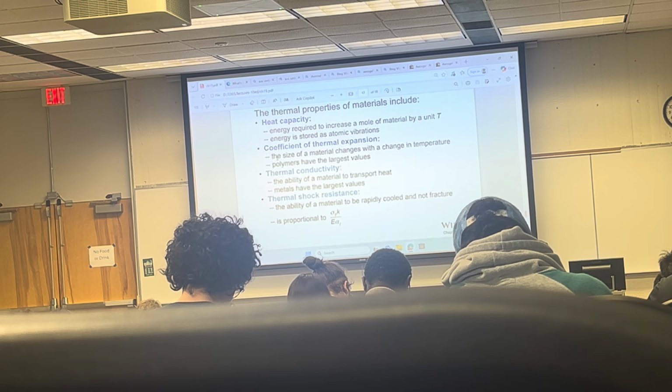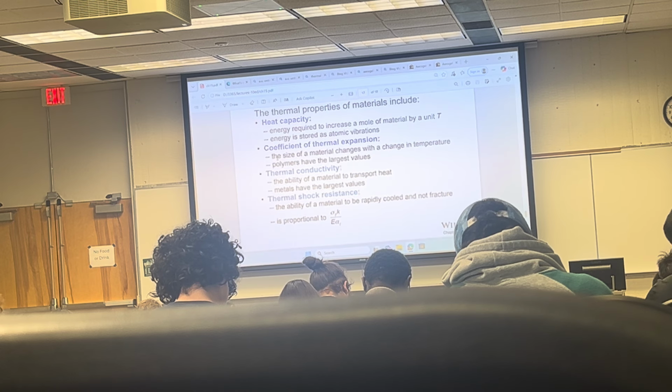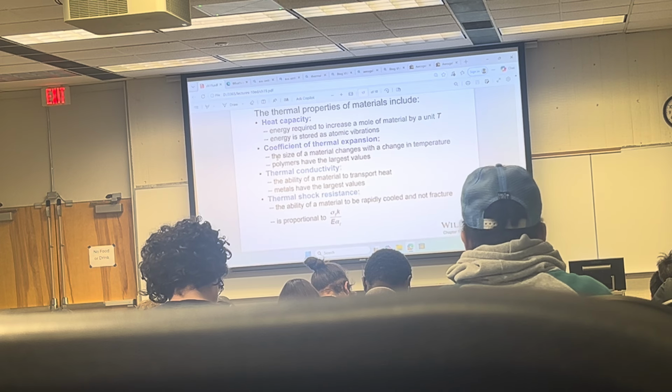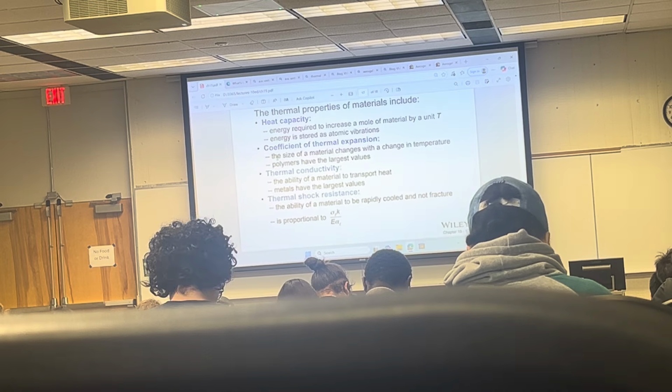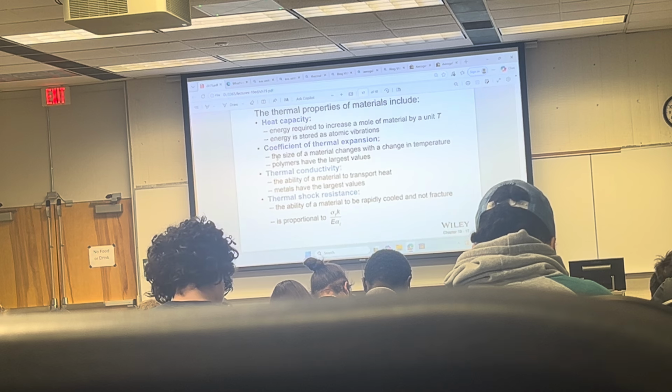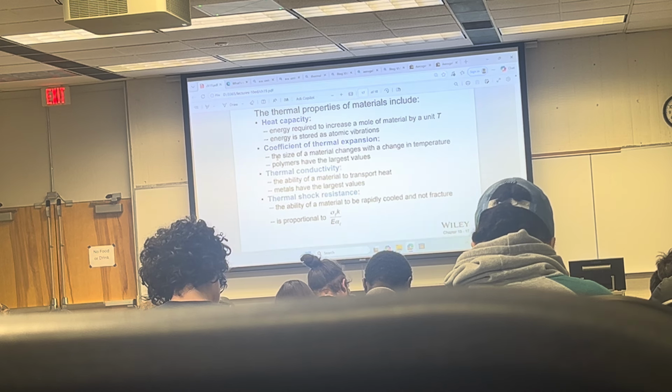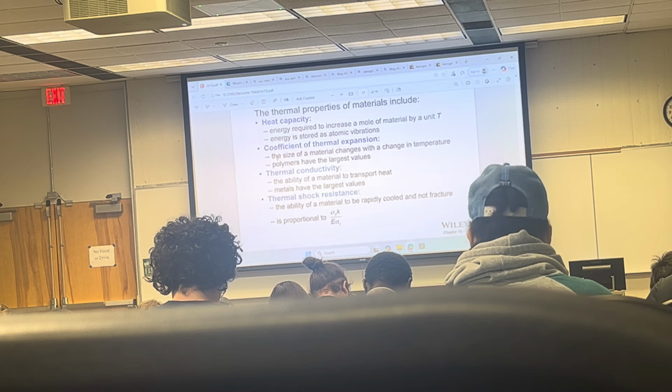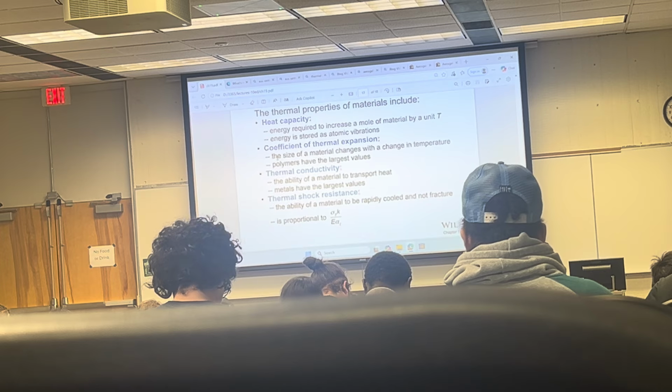And all the questions are asking to calculate the volume fraction of fibers that would be necessary. And the first one is to achieve this kind of strength in the composite if you're given the diameter of the fibers and the length of the fibers.